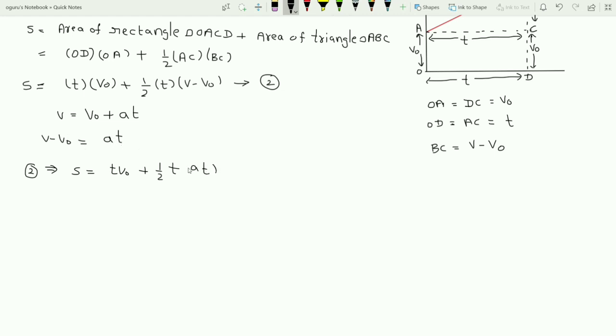So this TV0 can be written as V0 into T plus half into A, and T into T can be written as T square. That is the displacement covered by the body in a time T. This equation gives the second kinematic equation.